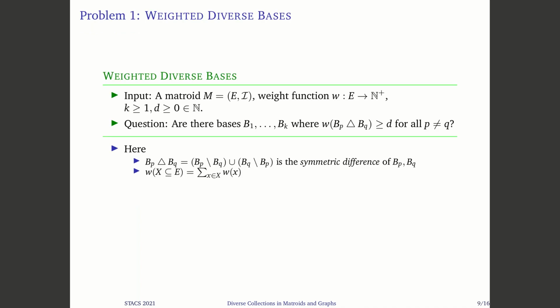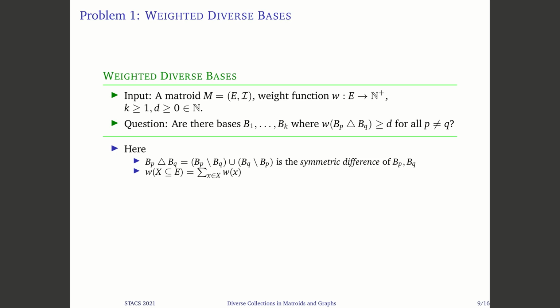The first problem that we look at is called weighted diverse bases. So here the input is again a matroid in the form of the oracle, and there is a weight function which takes elements of the ground set and gives them positive integral weights.